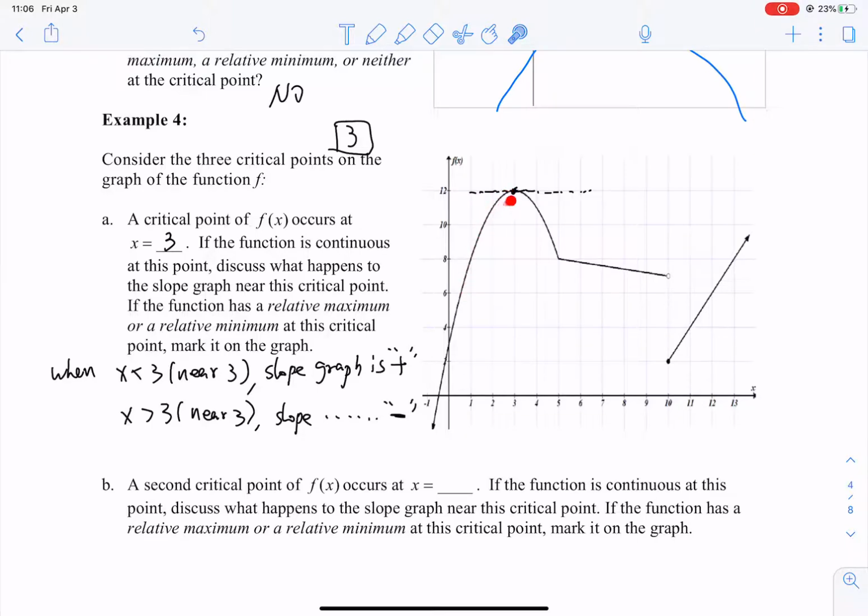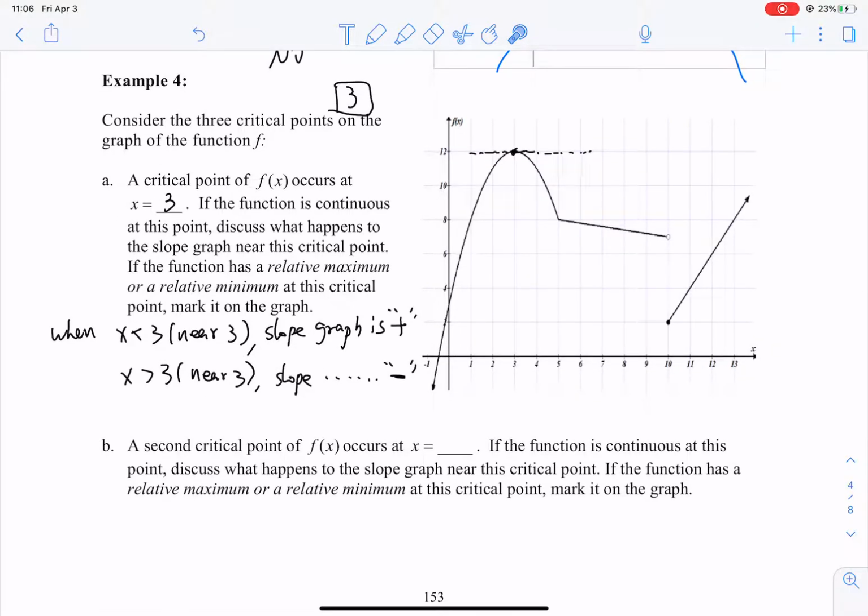The left part, because the function is increasing, the derivative is positive. The right part, the function is decreasing, so the derivative is negative. And in this case, by using the first derivative test, we know the function f has a relative maximum point at x equals 3. And this is our first critical point. That is a relative maximum point.